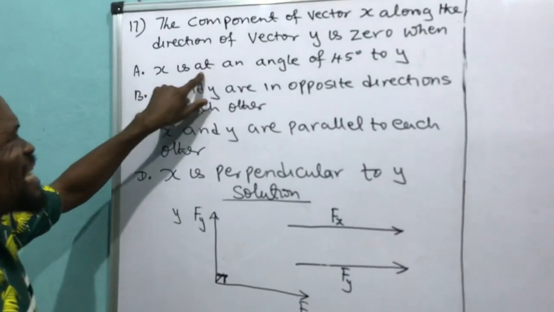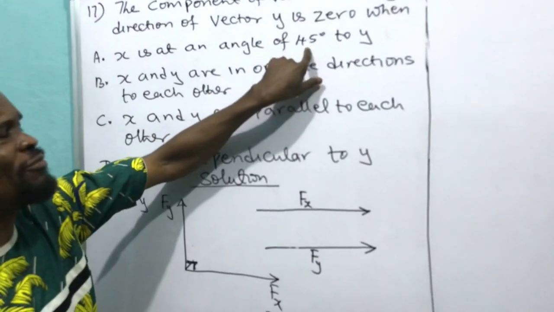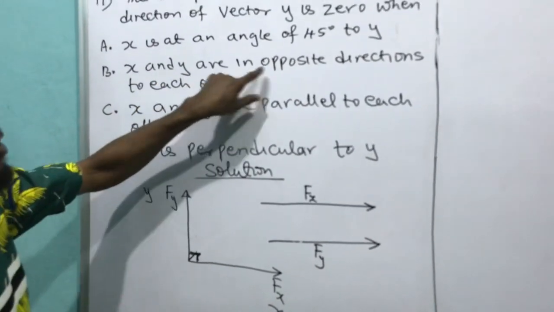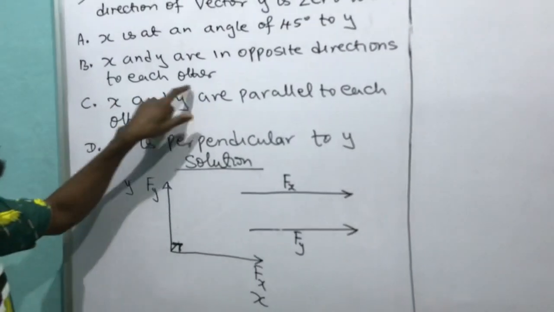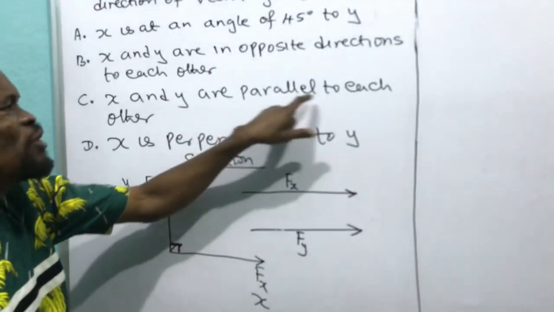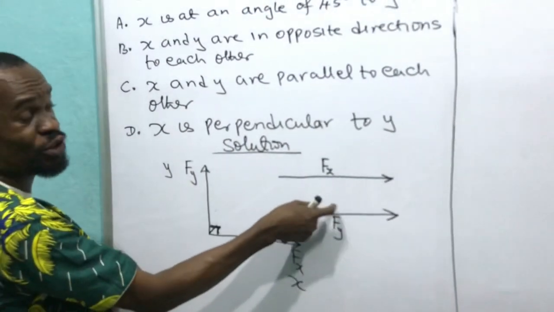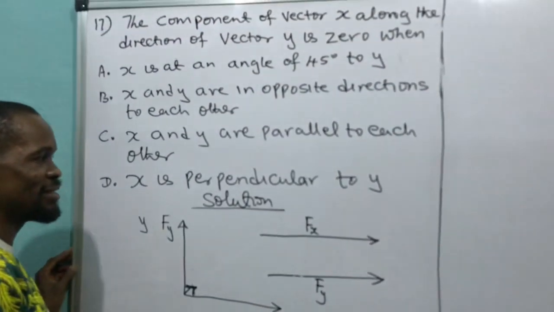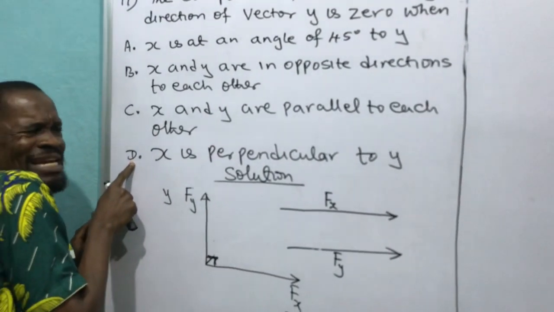They said X is at an angle of 45 degrees to Y. That's wrong. X and Y are in opposite directions to each other. That's wrong. And X and Y are parallel to each other, which answers this question. They must be parallel to each other for them to have a 0 component. Then D would have been the answer.